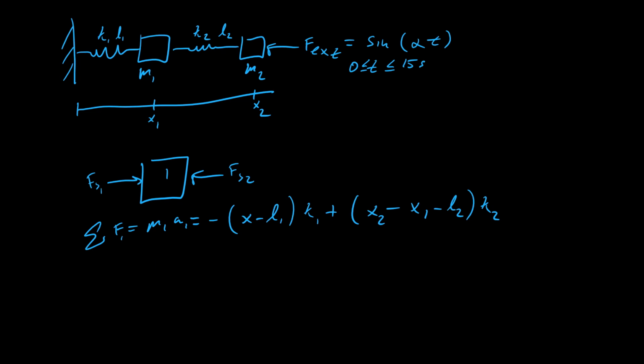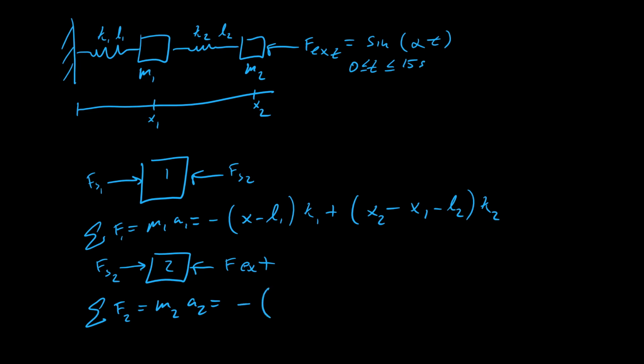All right, so now let's take a look at the second body. So body 2 is going to have the force of spring 2, and then also the external force. So the sum of forces 2 is equal to, as you would expect, mass 2. And that's going to be essentially the same term as above.